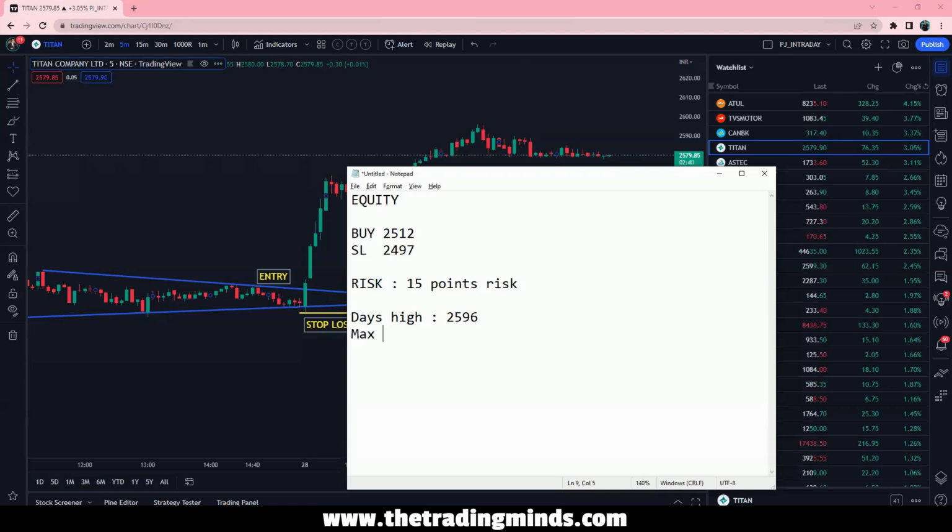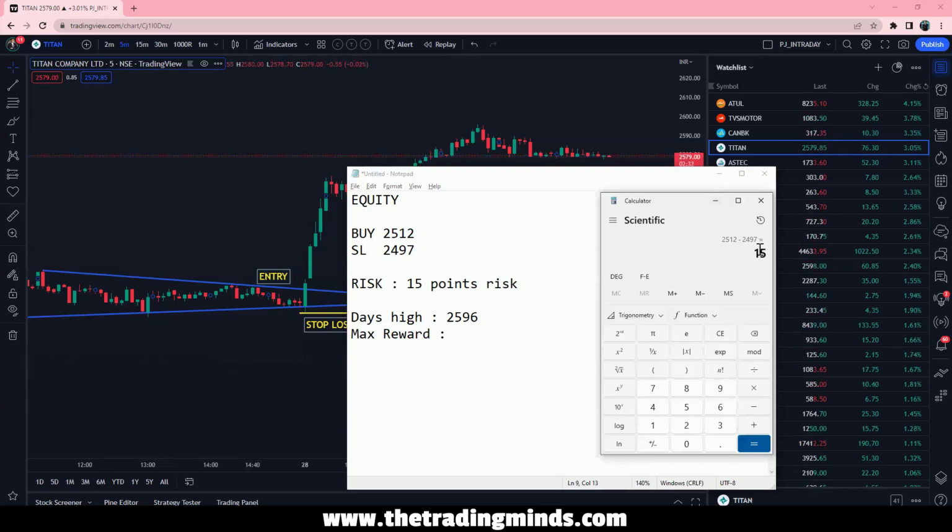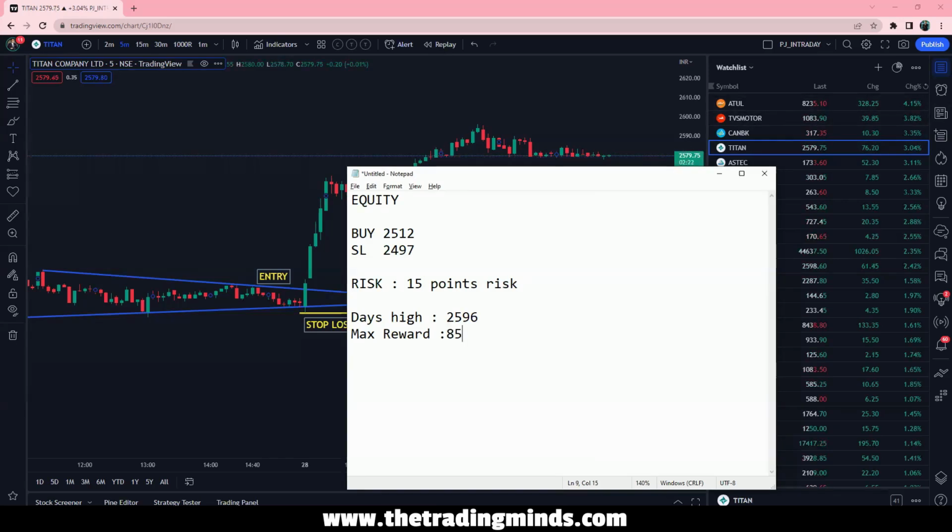Max reward. We can't exit every time at a maximum point, but just taking an example, how much reward you're getting today. 2,596 minus the entry point, 2,512. So 84 points is my reward. Almost 5 times, 15-point risk, maximum reward is 85.